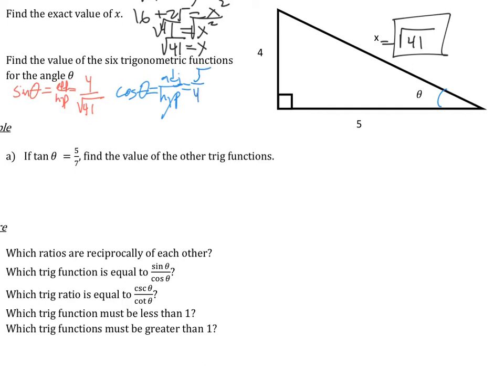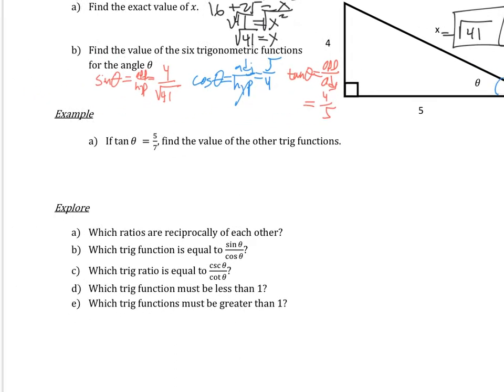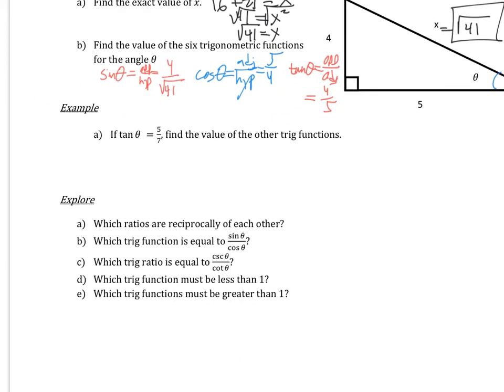And then last but not least, the tangent of theta. That is opposite over adjacent. So starting at the angle, opposite is 4, adjacent is 5. So 4 over 5. Now we're just going to flip those around for our new functions here.